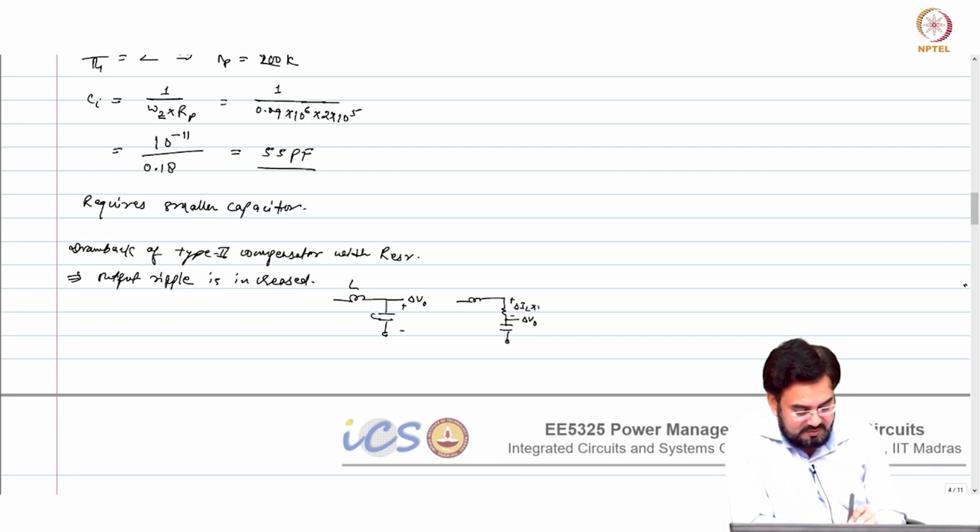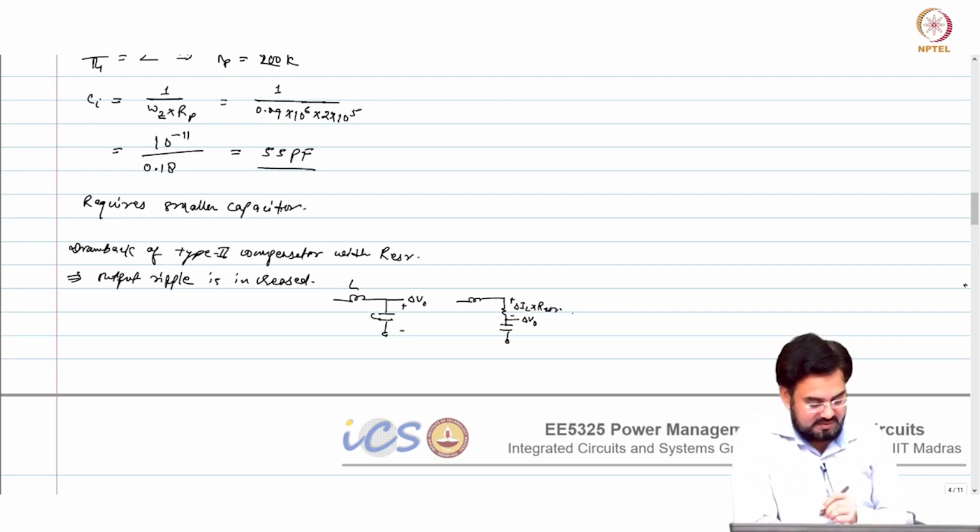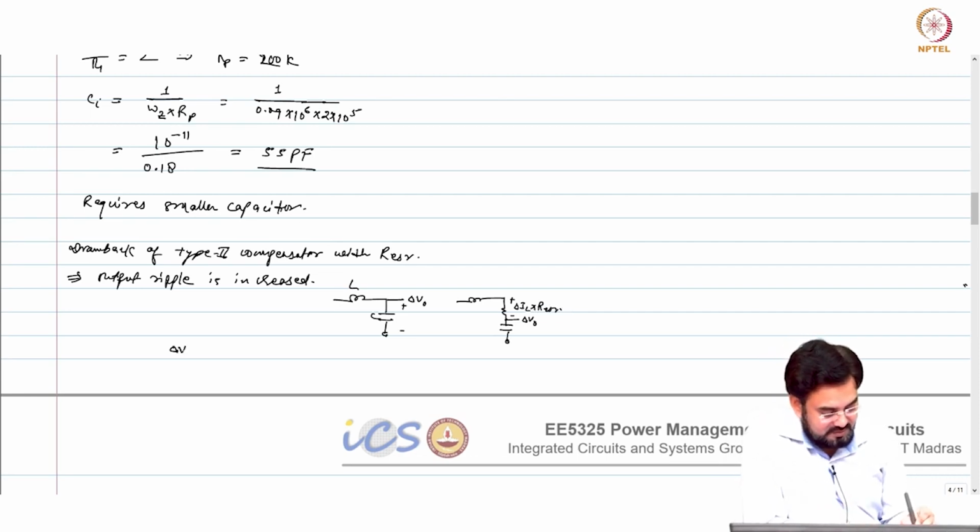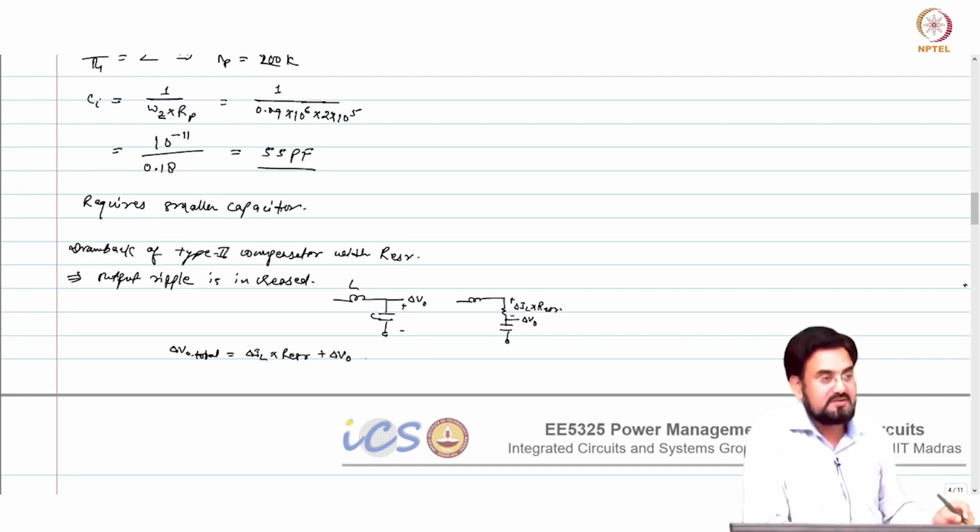Delta IL into RESR. So delta V out total will become delta IL into RESR plus delta.